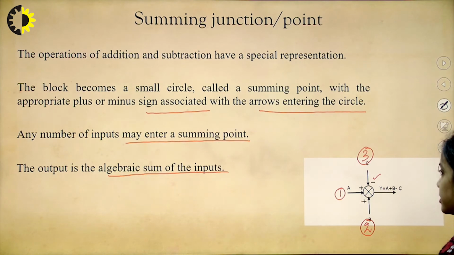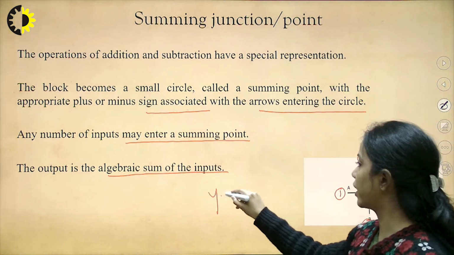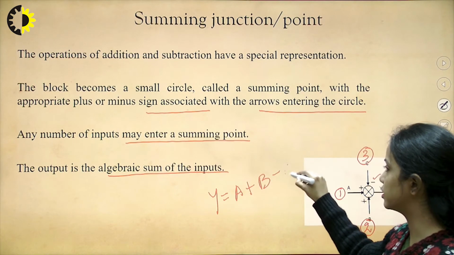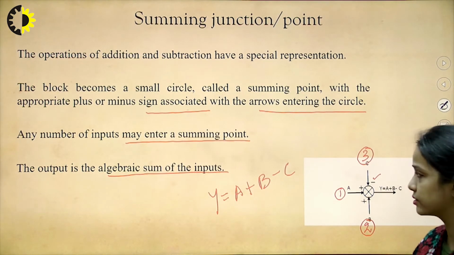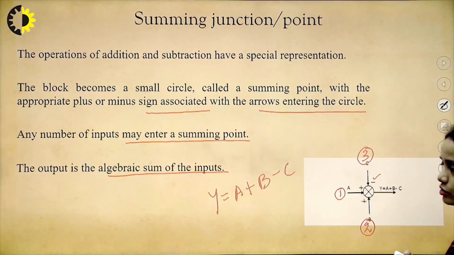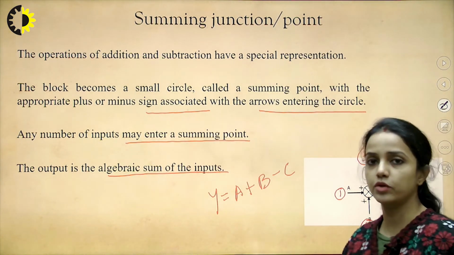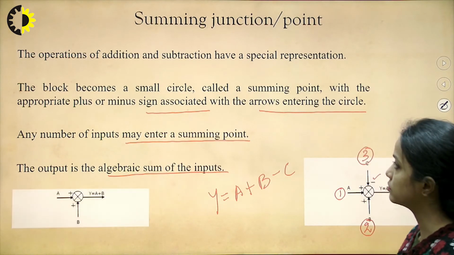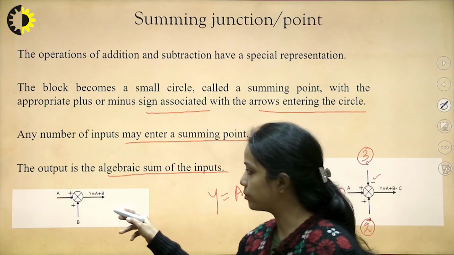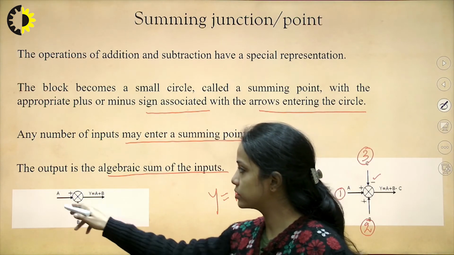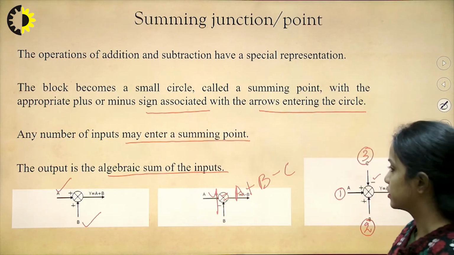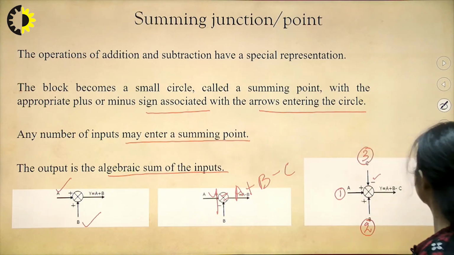Making the algebraic sum, we find y equals A plus B minus C. We have already studied this. This is another example of a summing point. Here is an example where we have just two inputs, that is A plus B.